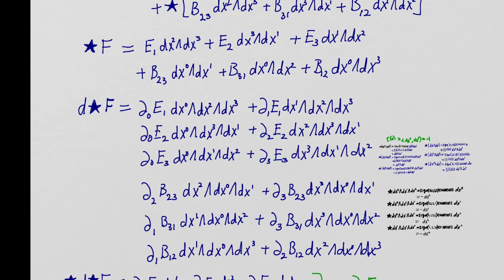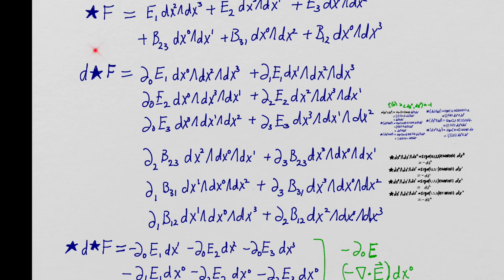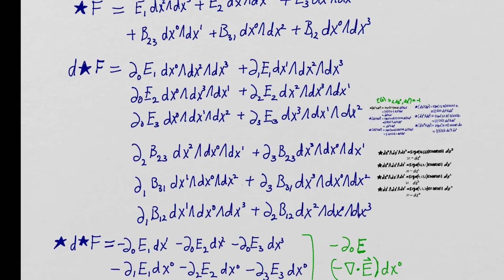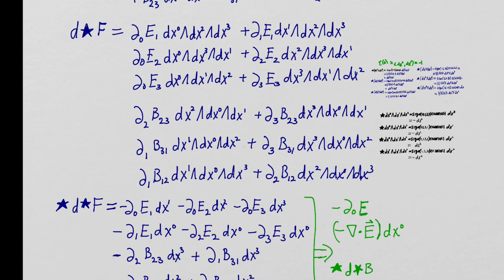Okay, and then the exterior derivative of the Hodge dual of the electromagnetic field tensor. That's a little bit more of a hassle to calculate, but we've done it several times, and we're expecting a 3-form, which is exactly what we get. And we get all these partial derivatives in there, right? And you can definitely see that now we're going to assemble these partial derivatives, and something like Maxwell's equations better show up.